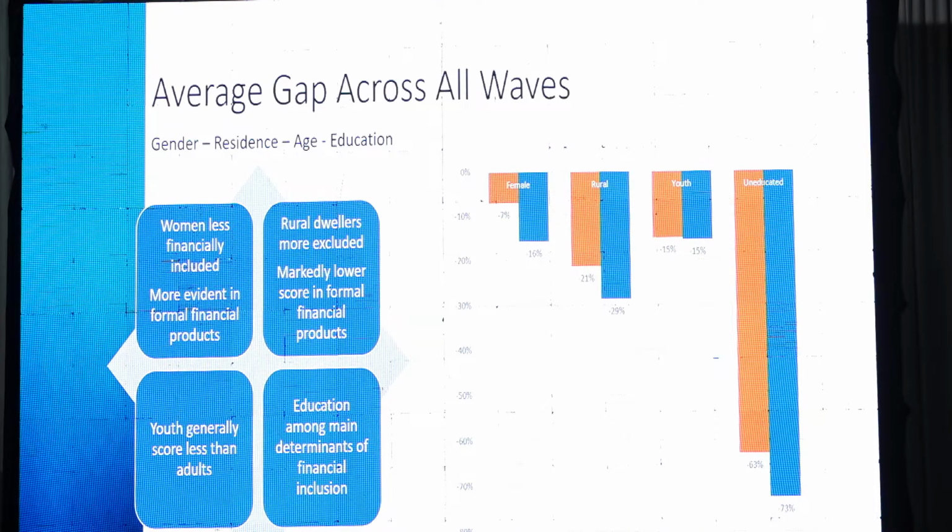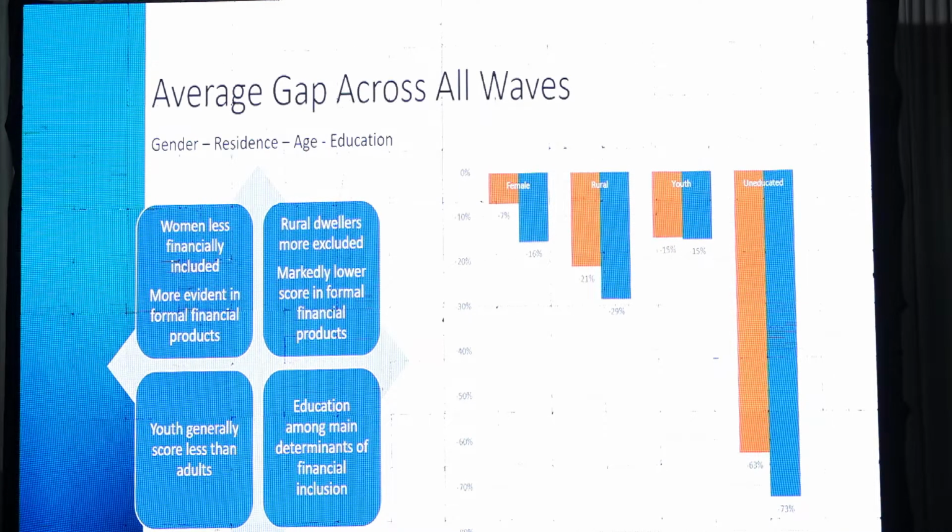We then moved on to look at the aggregate effect across all waves, calculating an average over the entire data set. And in this slide, we show the average gap in the score for different population characteristics.